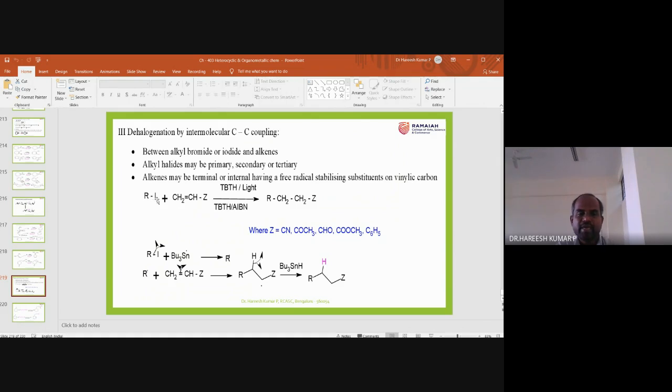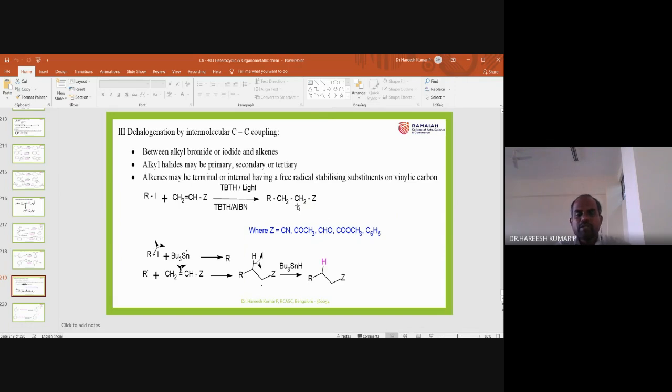There will be a reaction between alkyl halide and alkene. Suppose the alkene contains an electron withdrawing group. So what will happen? There will be a reaction. Iodide is going out, but this R is forming a bond with this carbon. That's what the product is obtained.